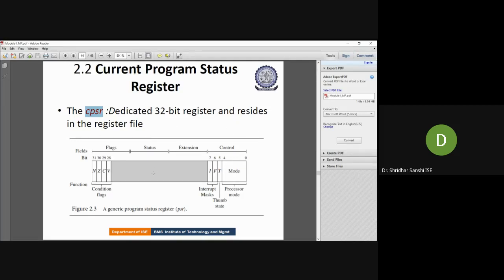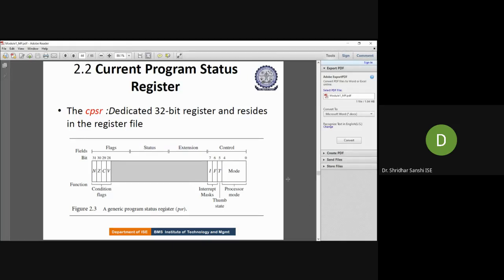Each field carries 8 bits: flags, status, extension, and control bits. The status field and extension field are not used, whereas the flags and control fields are used at present. These two fields are reserved for future use.